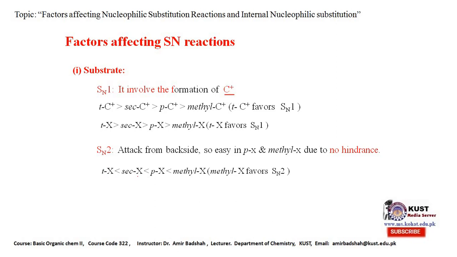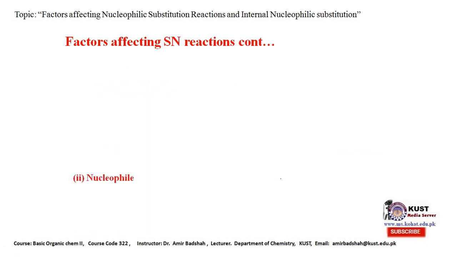Similarly in secondary halide too. But in the case of primary halide and methyl halide, the nucleophile can easily attack because the backside is not blocked by substituents. The substituents are fewer, so the nucleophile can easily approach. So methyl halide and primary halide will favor the SN2 reaction because here the backside is not blocked.